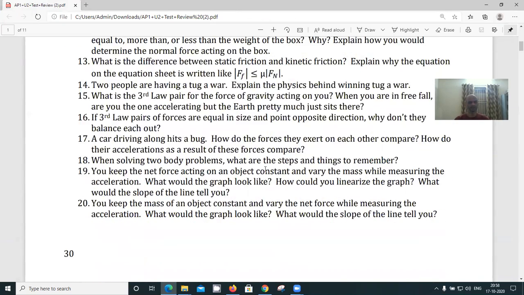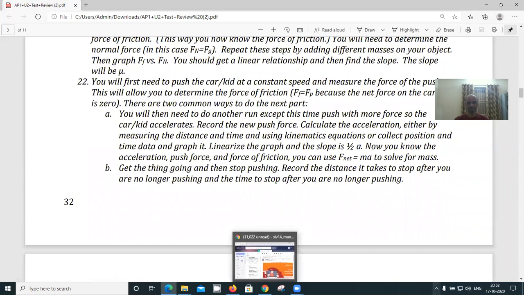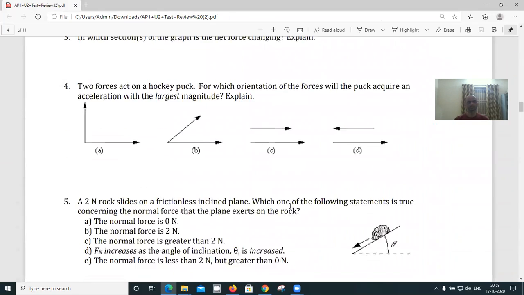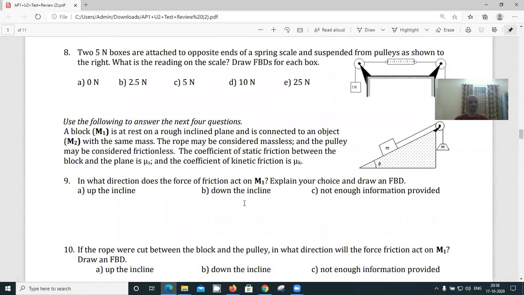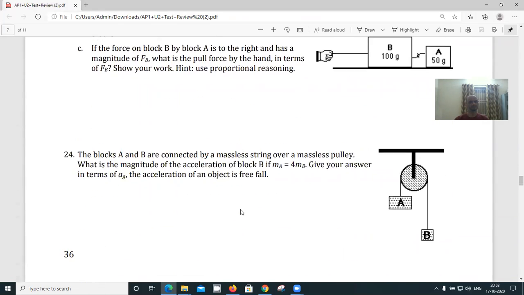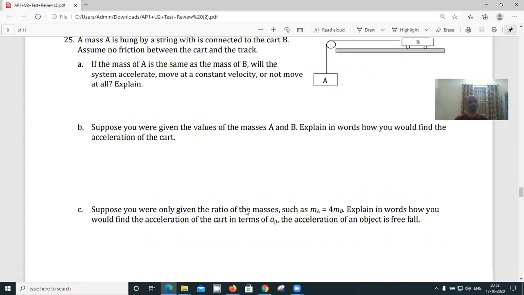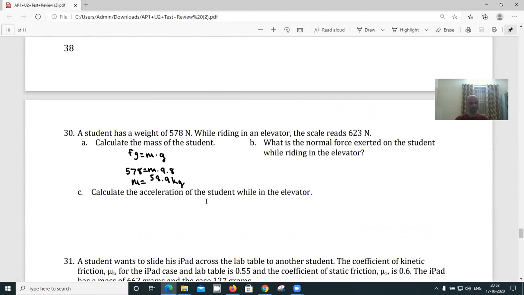So you have tried all these questions? I answered them on my iPad. Have you got the answers correctly? Well, I do need help with some of them. The answer key is given, right?